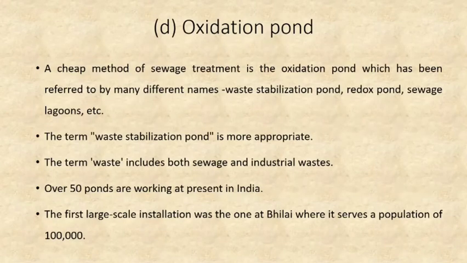Next method is the oxidation pond. The cheap method of sewage treatment is the oxidation pond, which has been referred to by many different names like waste stabilization pond, redox pond, or sewage lagoons.